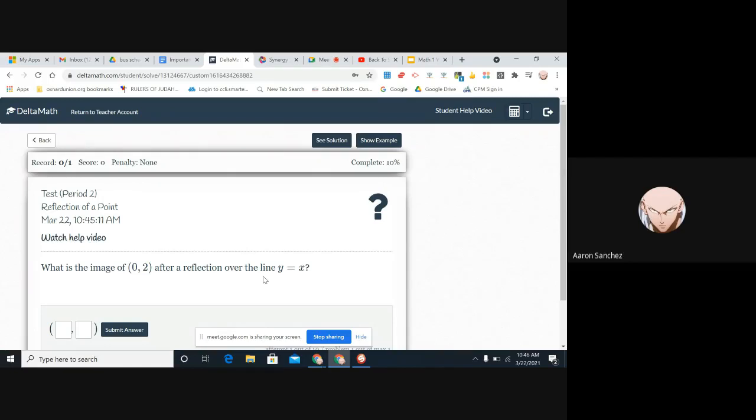It's just this line goes like this. -2 is x, -2 is y. That's y equals x. Okay? And so 0, 2, reflecting across that. Where's 0, 2? So 0, 2 is right here.